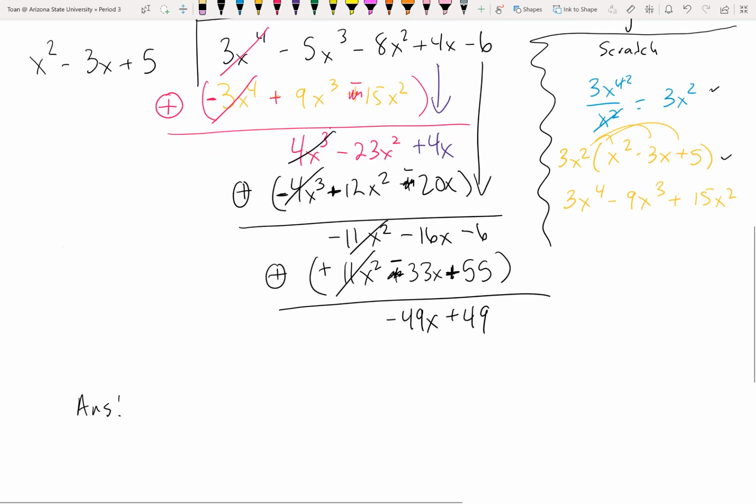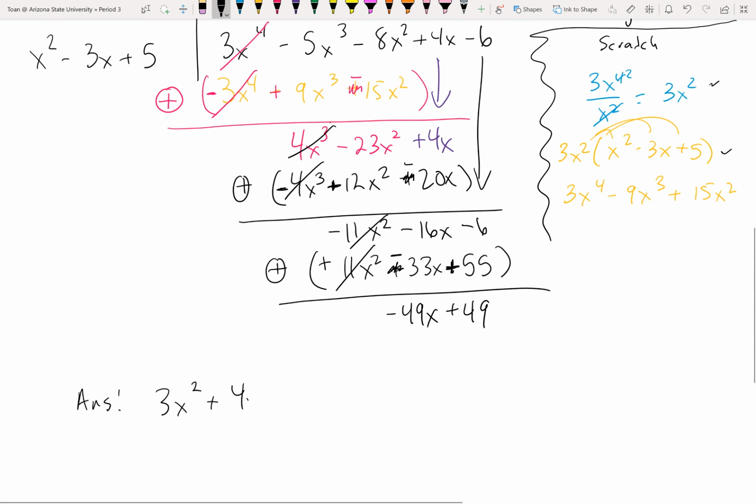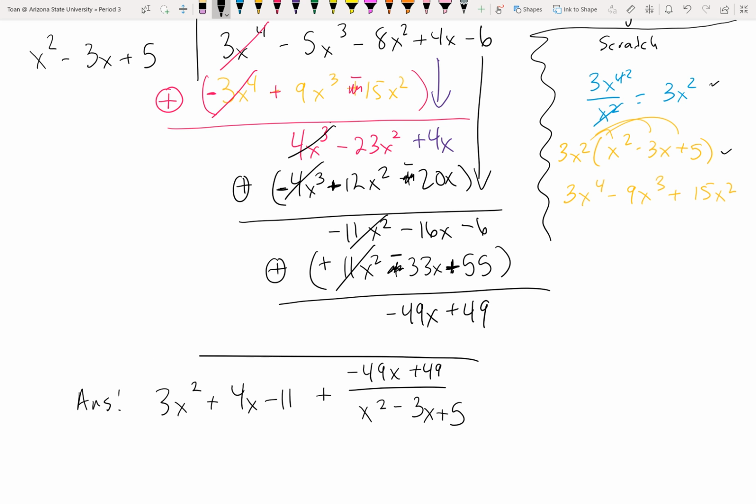So that's 3x squared plus 4x minus 11. But we did have a remainder. So in high school, the way we handle remainders is you always add the remainder over your divisor because it's part over whole.